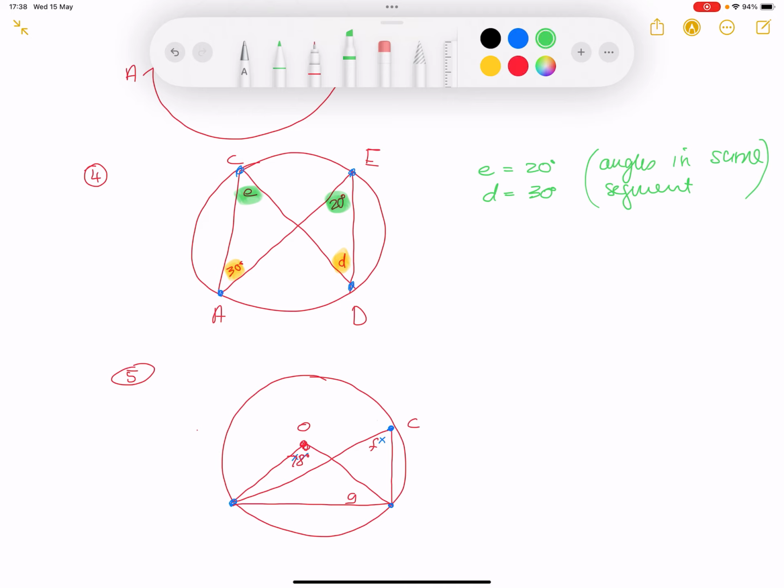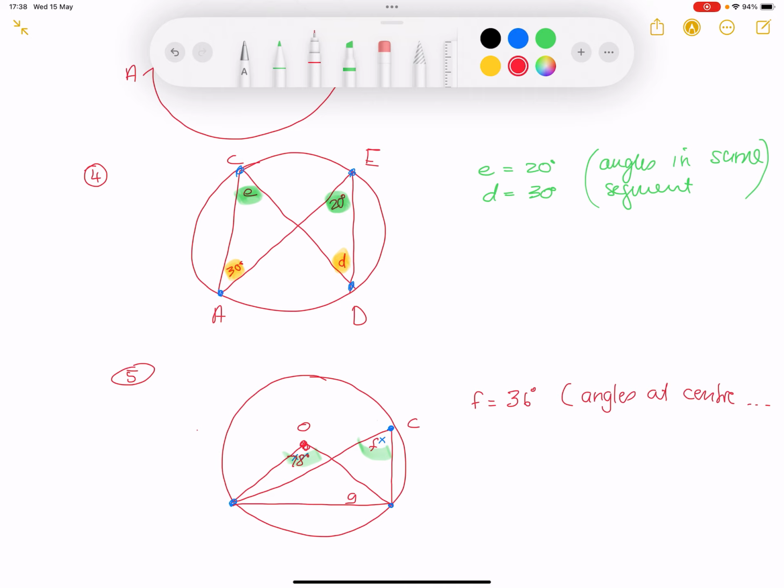So let me do that one. So we're busy with this one and this one, eh? So F is equal to 39 degrees because it's angle at center. I'm not going to write it out, okay? Just to save time. Yes, ma'am.